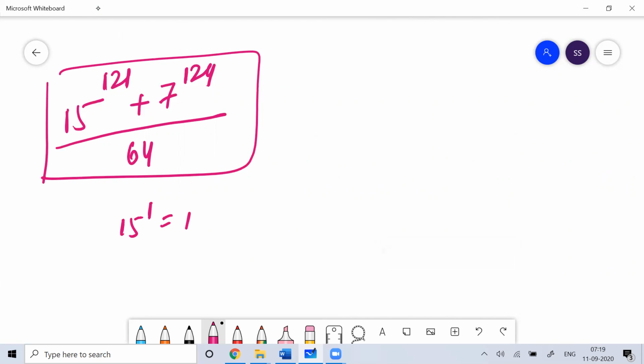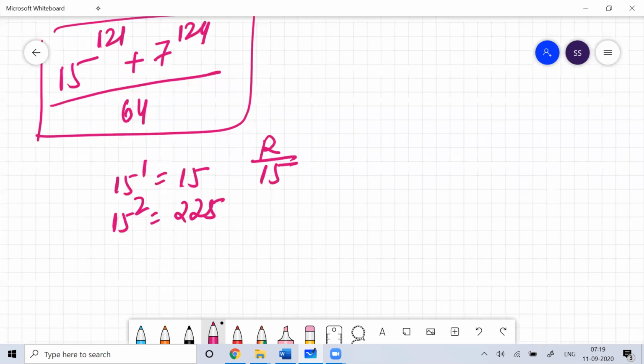15 to the power 1 is 15, and if you divide by 64 your remainder is 15. 15 to the power 2 is 225.